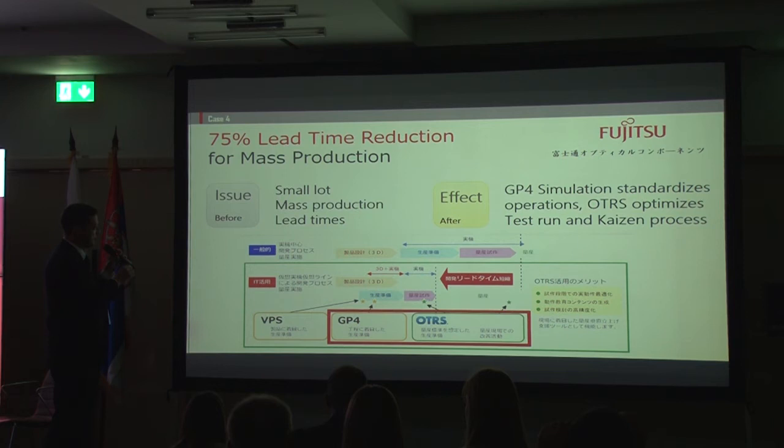And OTRS can use that standard as a benchmark to assess whether you can meet that benchmark time for each element. So instead of starting the video analysis from scratch, you already have benchmark times to begin with when you use a simulation program like GP4. So it's an interesting way to combine these programs together.